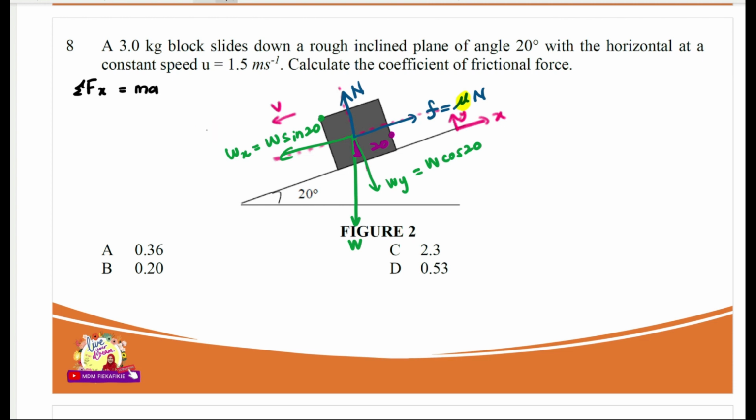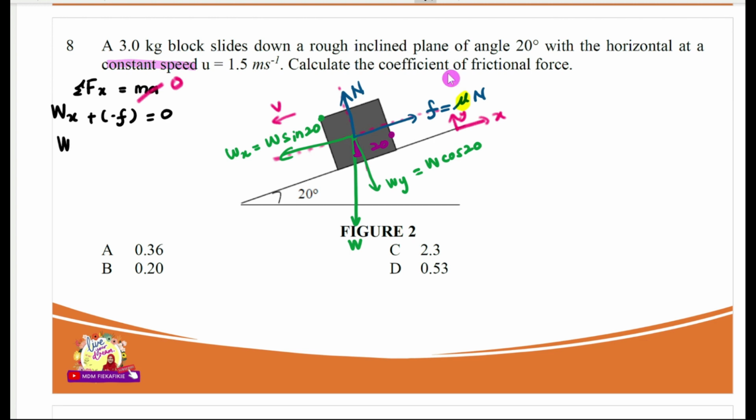Tapi soalan sebut dekat sini constant speed. So senanglah. So ini mesti kosong. Boleh ya? Okay. So sekarang kita masukkan semua force yang ada in x component. Okay. The first one adalah Wx plus negative F, iaitu friction. Okay. So saya akan tulis dekat sini. So Wx plus negative F equal to 0.